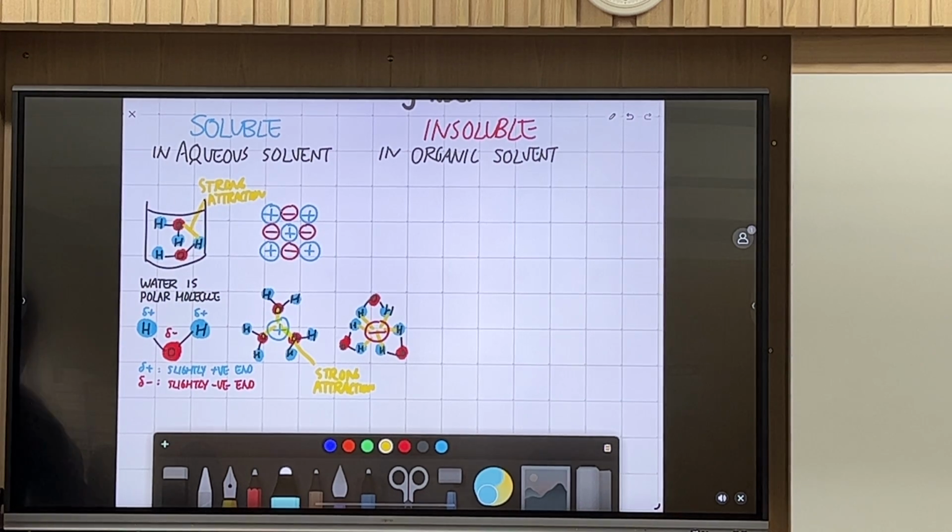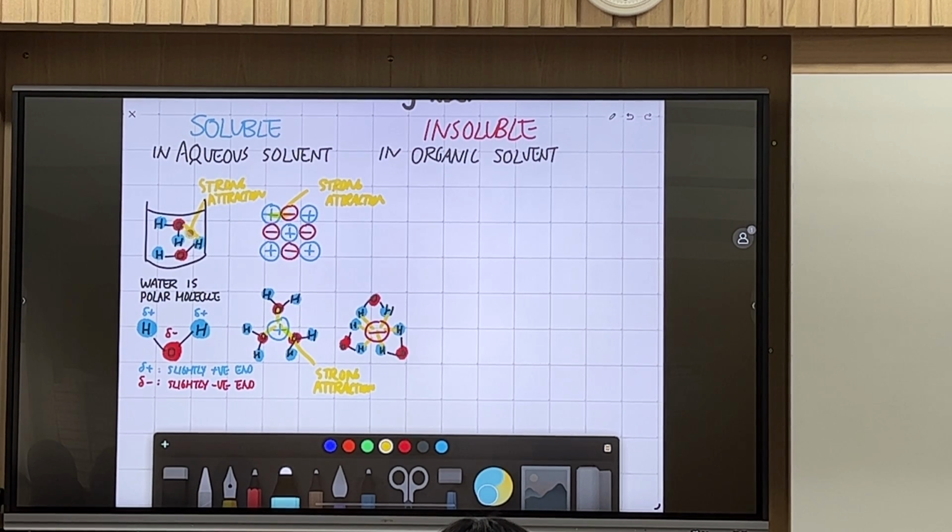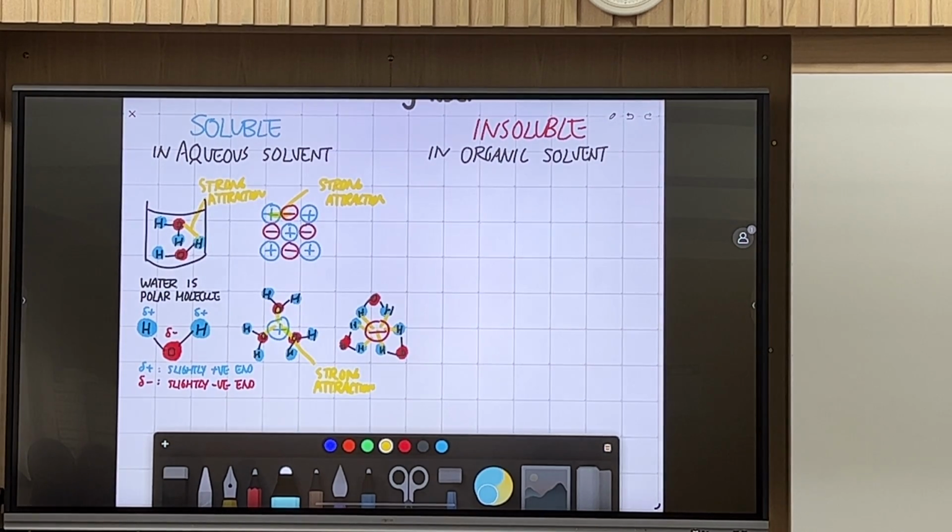Okay, but then let's see what happens on the right hand side. In organic solvent, you see in here, you will have to break this connection first. So these are strong attraction called ionic bonds. And these are strong attractions that you will know later as hydrogen bond. And on the right, can you draw what happens in an organic solvent? So this is an organic solvent, CHCl3. So I'll just draw CHCl3 this way. CHCl3.